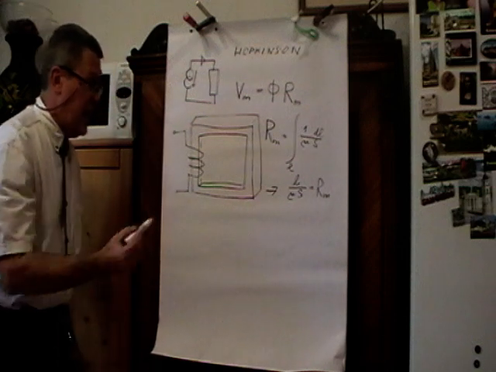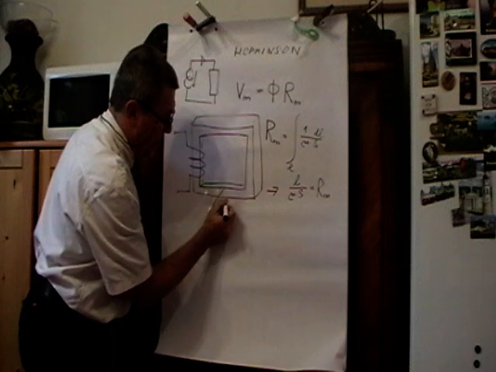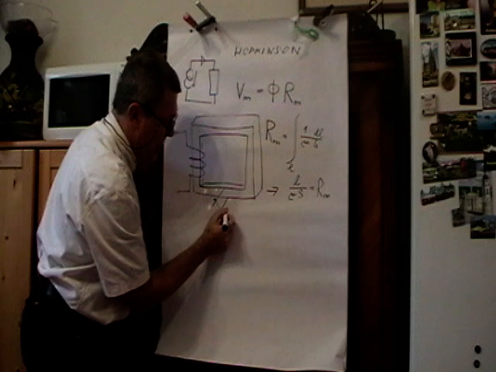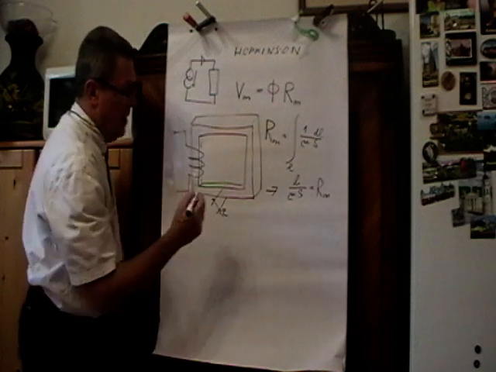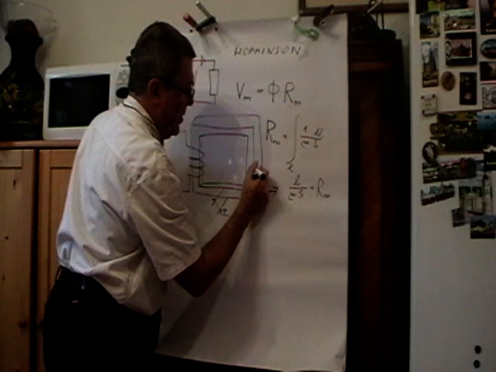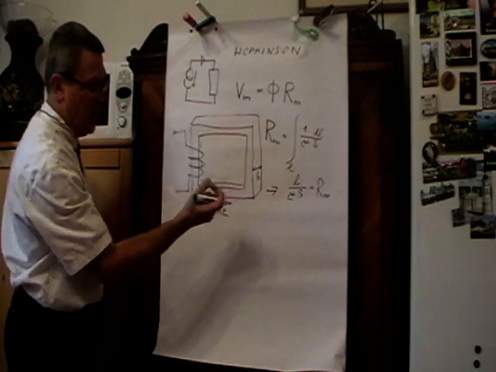And this side, now let's make the dimensions. So let this be A. Let this be B, the thickness of the core.